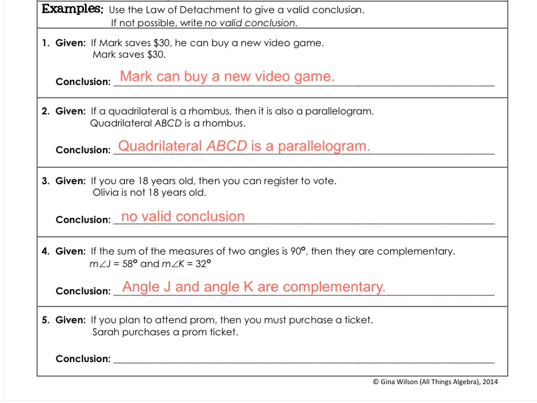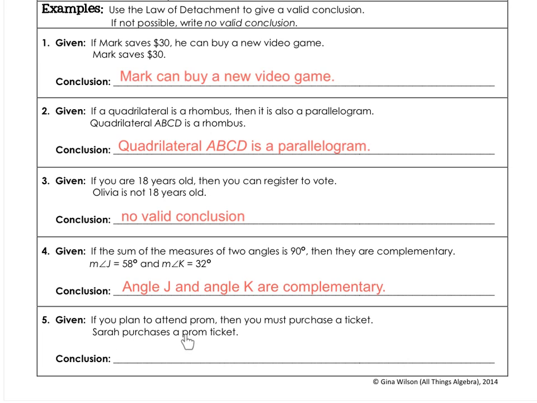The last example here identifies the conditional statement: if you plan to attend the prom, then you must purchase a ticket. Sarah purchases a prom ticket. Okay, so we have a hypothesis that states if you plan to attend prom. Okay, and the conclusion states you must purchase a ticket. So in order to follow the law of detachment, we have to have the hypothesis in the circumstance that we're identifying.